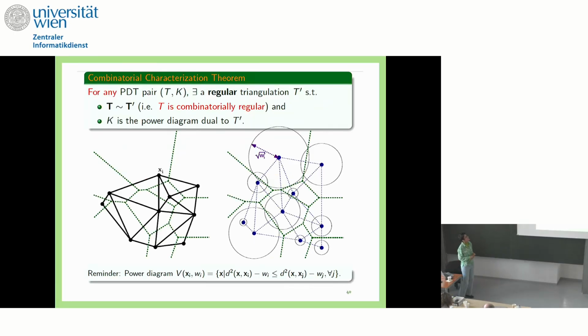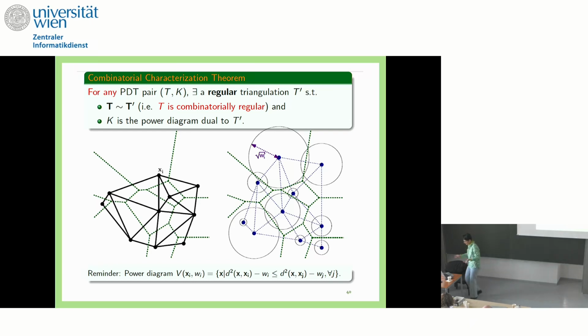In other words, for any compatible primal-dual pair of triangulations, there exists a regular triangulation such that the complex that we are considering is dual to a perturbed regular triangulation.